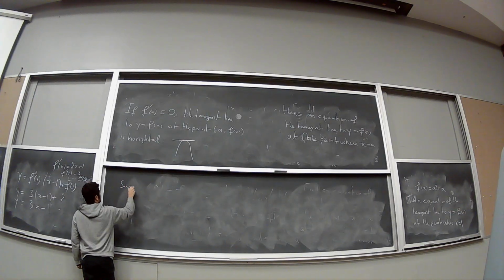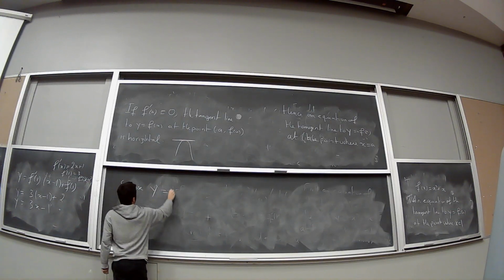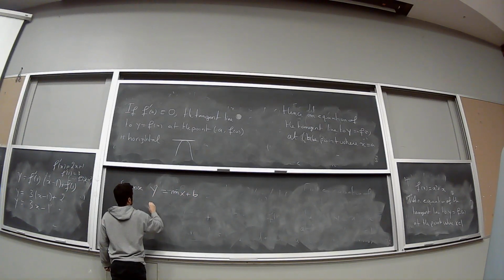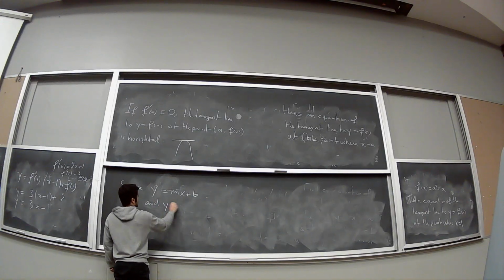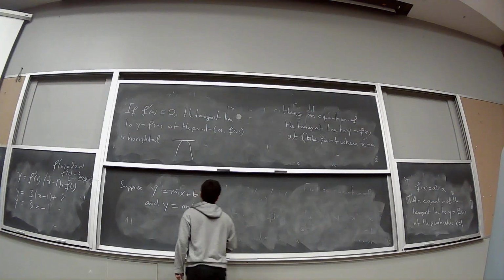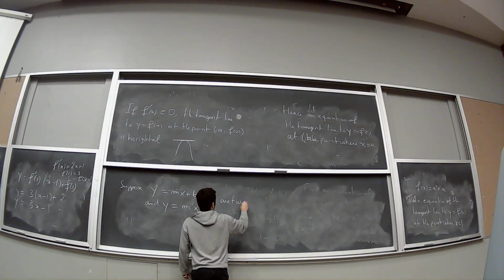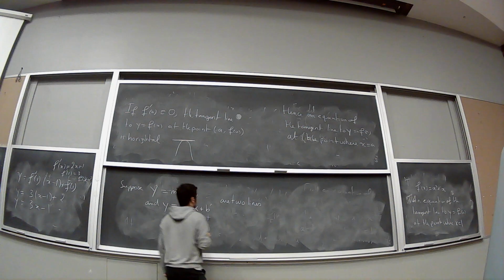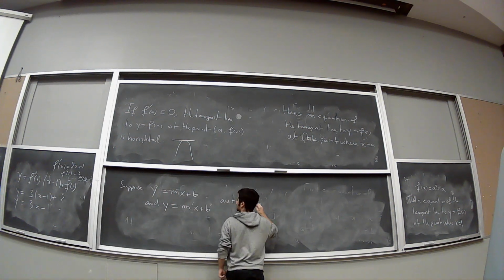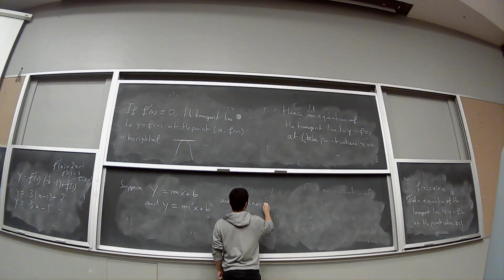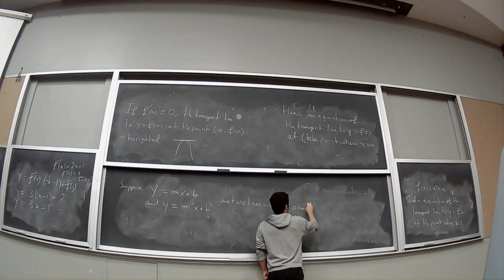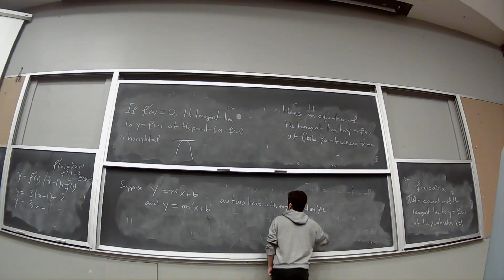Suppose y is equal to mx plus b and y is equal to m prime x plus b prime are two lines, let's say with non-zero slopes, with m different than 0 and m prime different than 0.